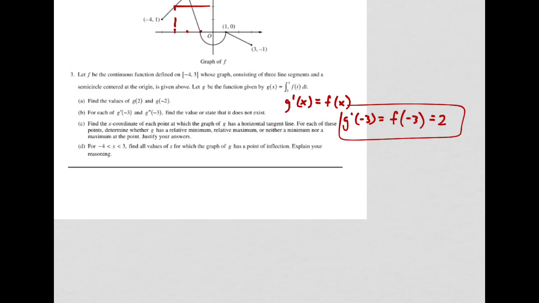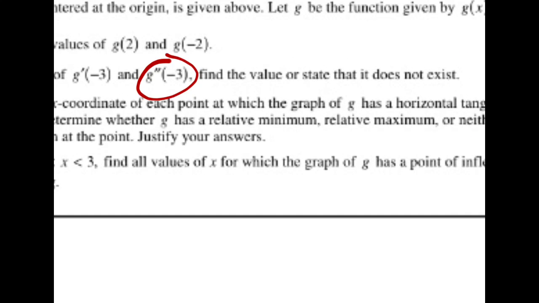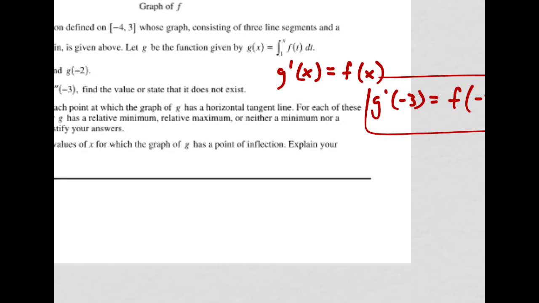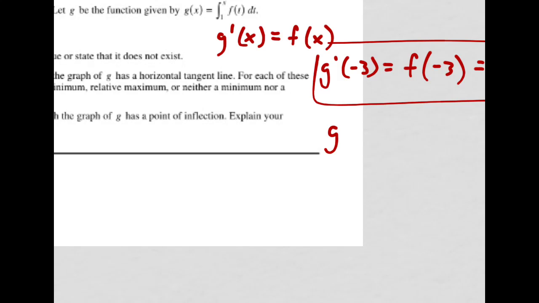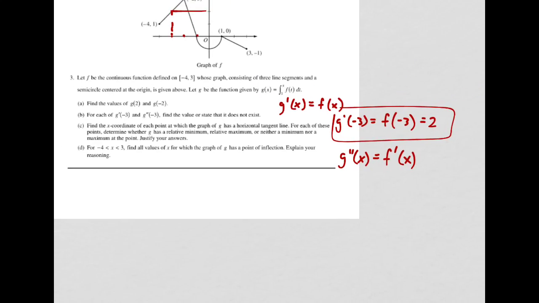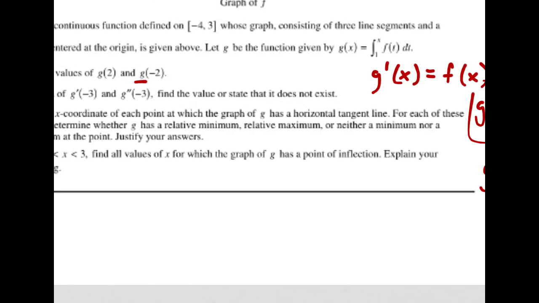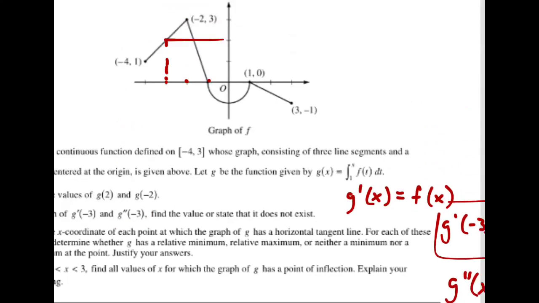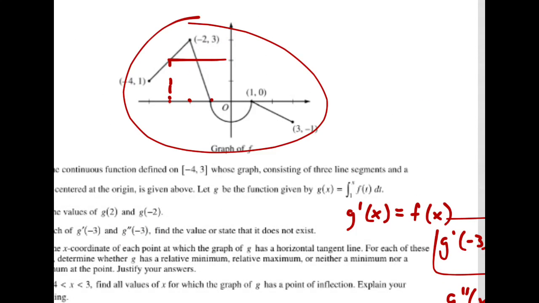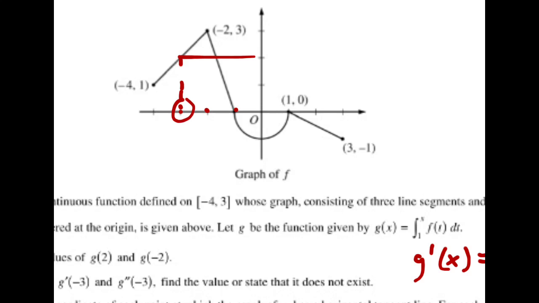So, what next? What is g double prime? Ooh. So if g prime is f of x, then g double prime is the derivative of f, which means the slope. Oh, it's the slope. So what's the slope of this when x equals negative 3? Oh, it's just that slope.